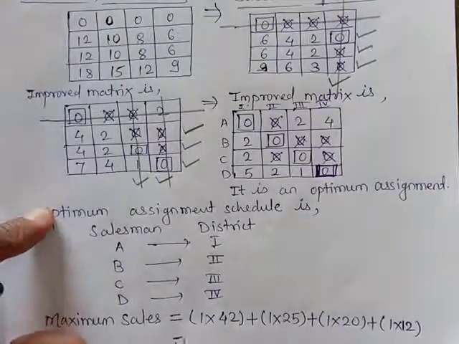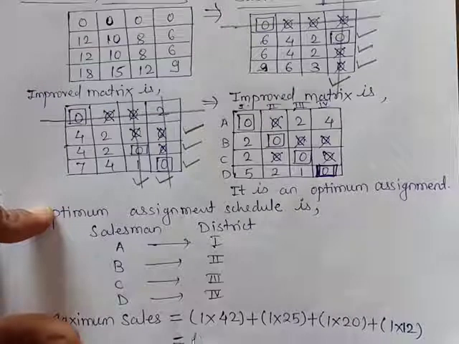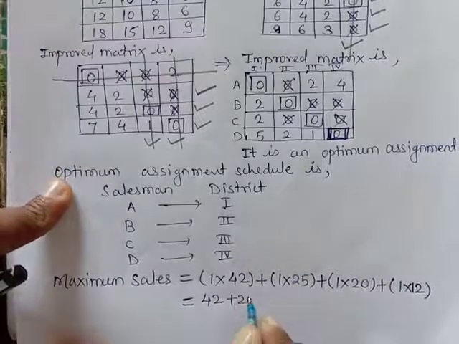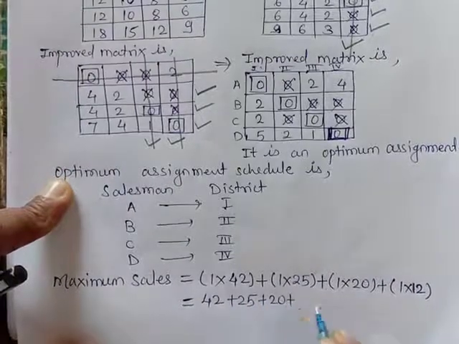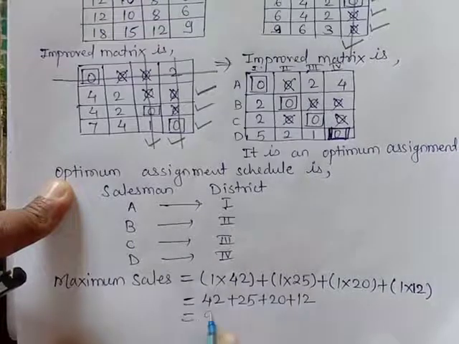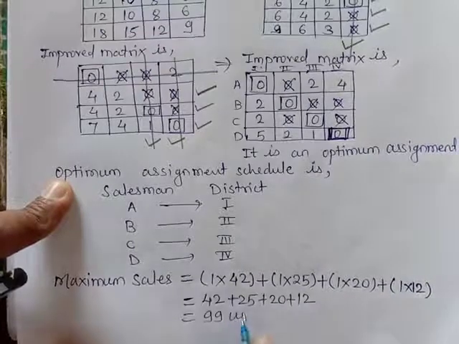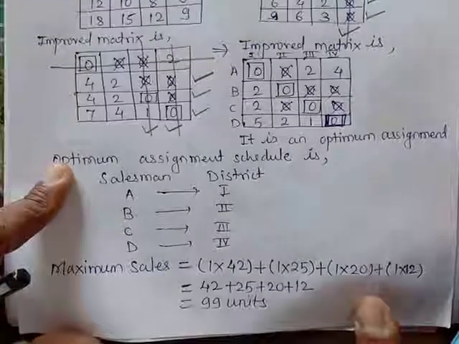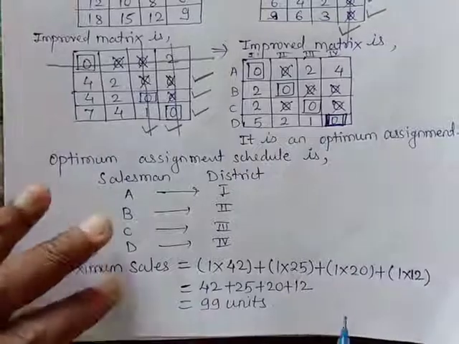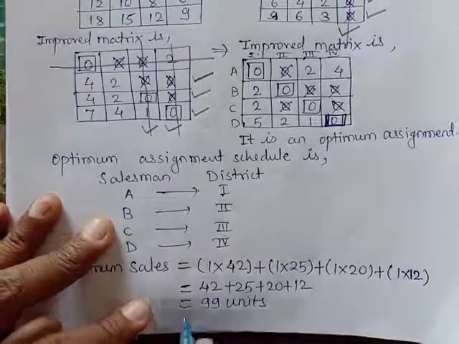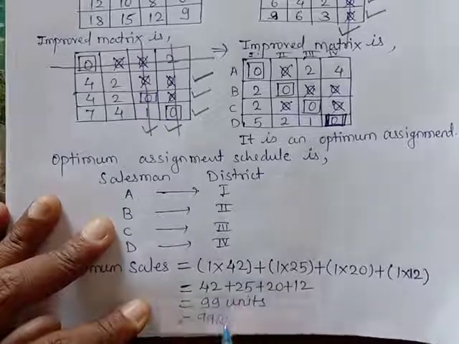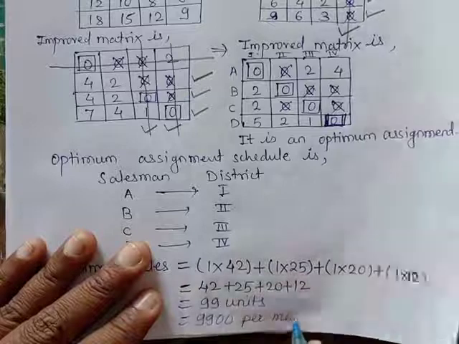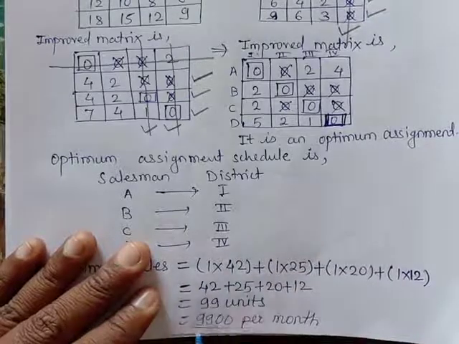So it is 42 plus 25 plus 20 plus 12. So it is 99 units, and that will be 9900. It is given in hundreds, right? So this is 9900 per month. This is the optimal sale here.